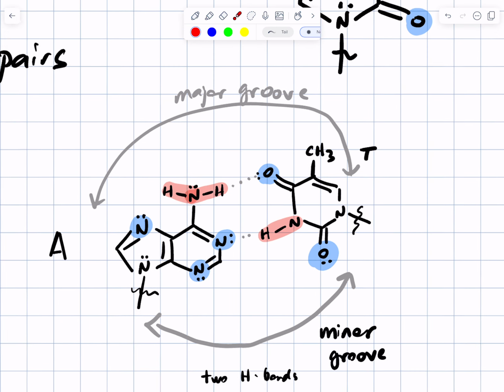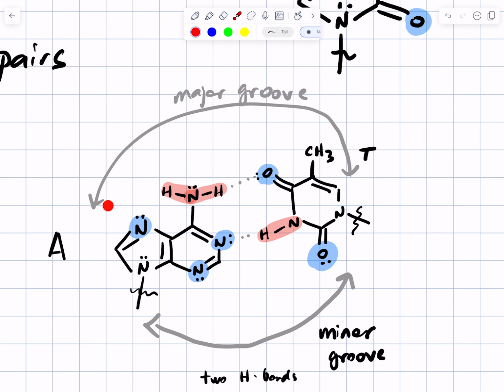For example, if you were looking at the major groove, the edge of this base pair, you would see a hydrogen bond acceptor, a hydrogen bond donor, and a hydrogen bond acceptor. And there's another lone pair on that carbonyl oxygen that's available for interacting with other things. There's a hydrogen here, another lone pair there. So the major groove presents a constellation of hydrogen bond donors and acceptors, and transcription factors interact with those groups.